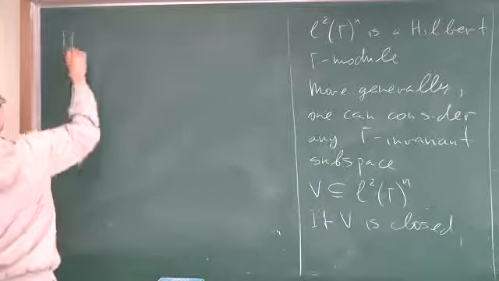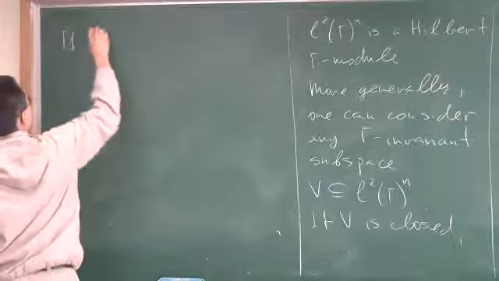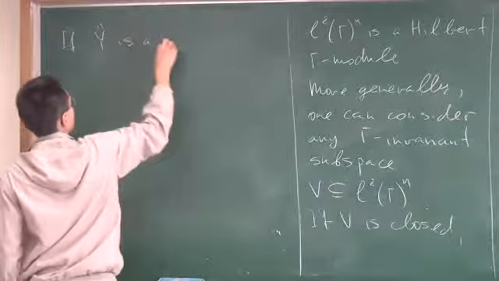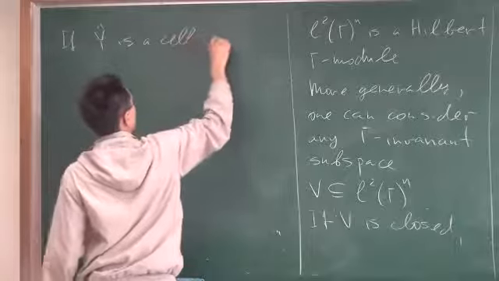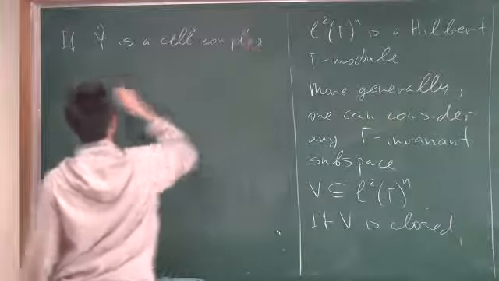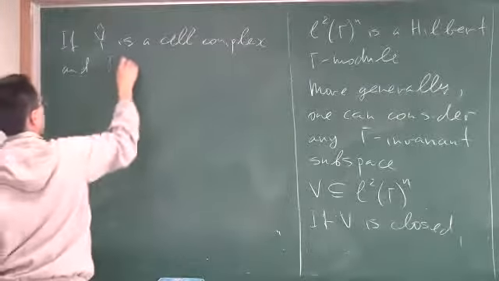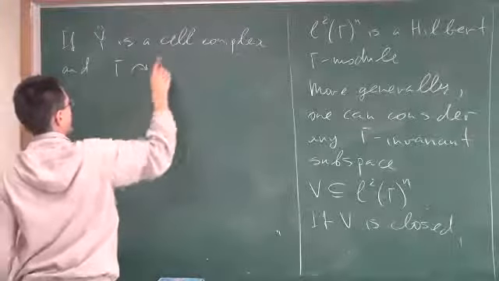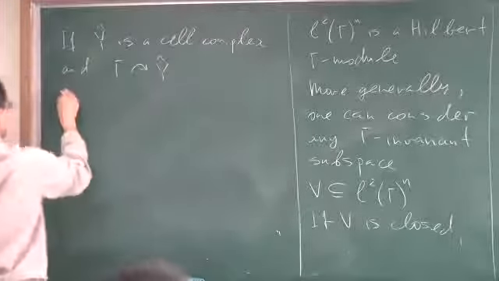So say y hat is a cell complex, and gamma acts on y hat, there is an action, a free action.